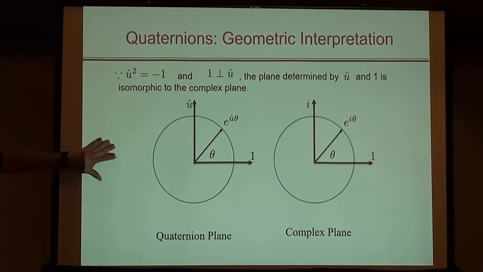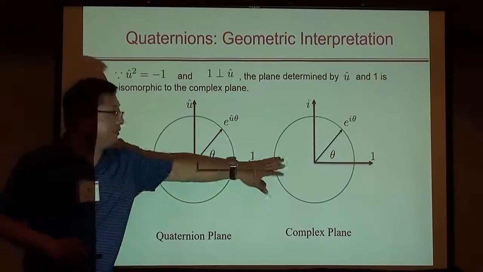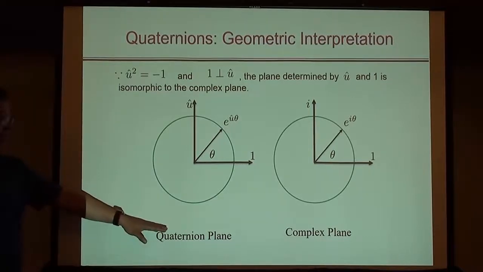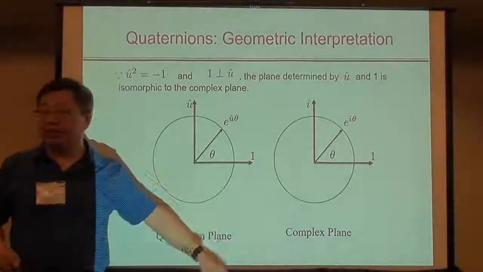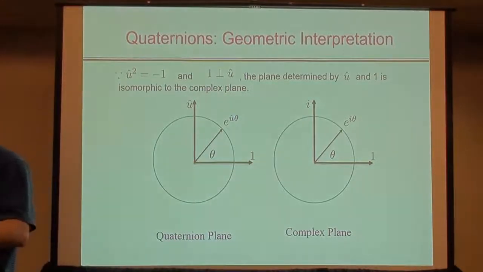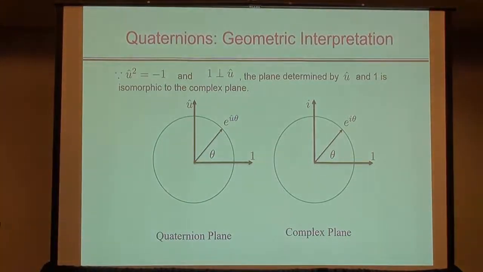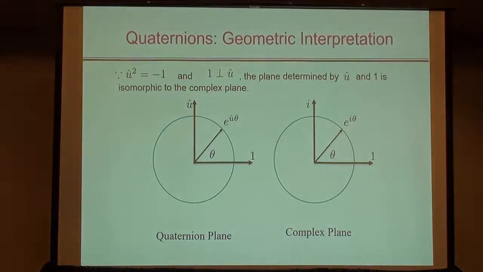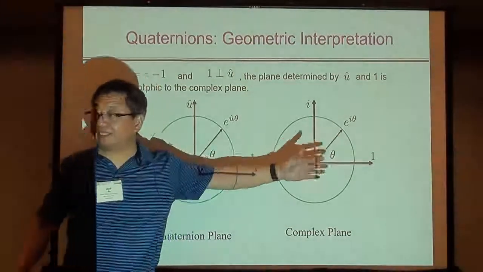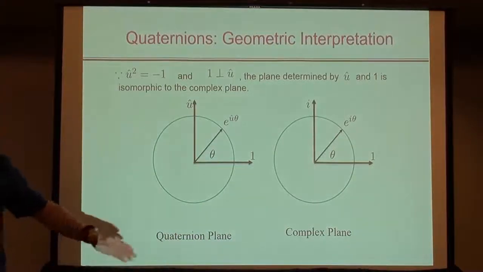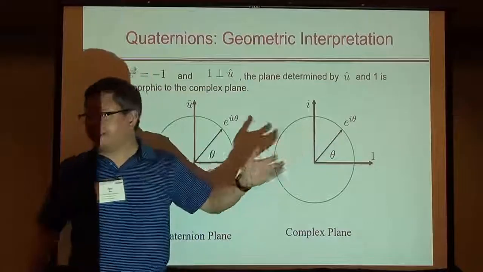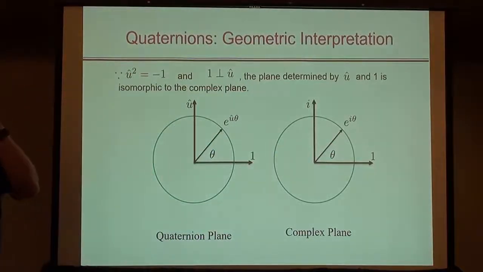Here's a slide just to make a comparison between quaternion plane and complex plane. Now back to complex number, if we apply a unit complex number to another complex number, which represents a vector in the same plane, you will basically rotate this vector in the same plane, okay?